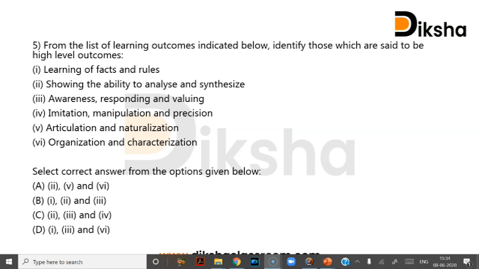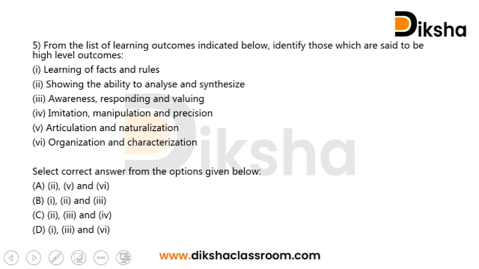Six codes are given: learning of facts and rules, showing the ability to analyze and synthesize, awareness, responding and valuing, imitation, manipulation and precision, articulation and naturalization, organization and characterization.